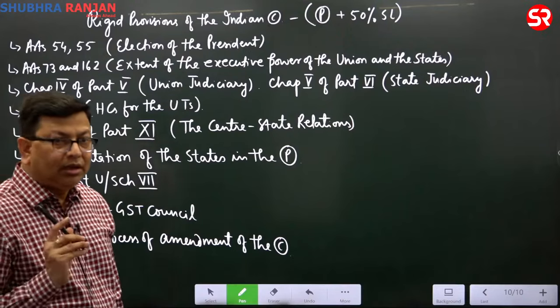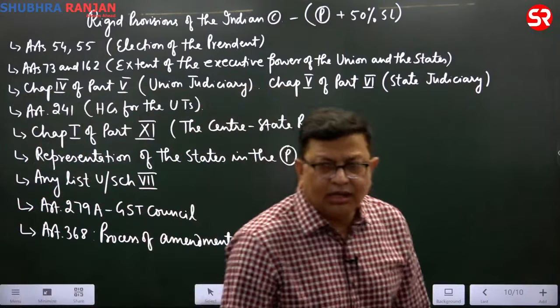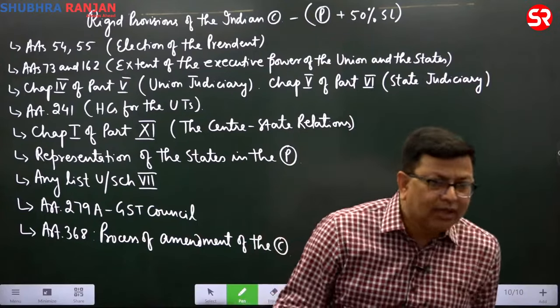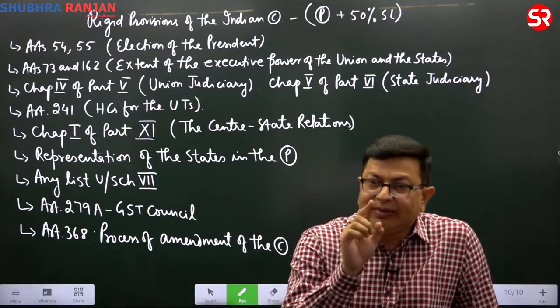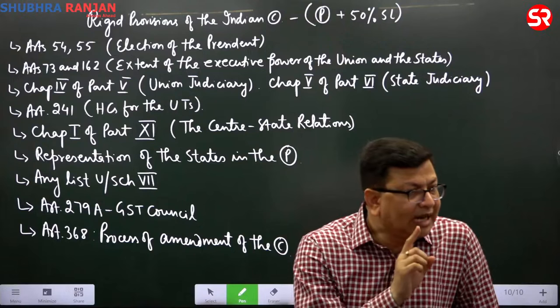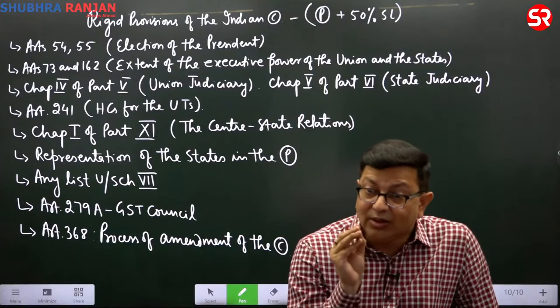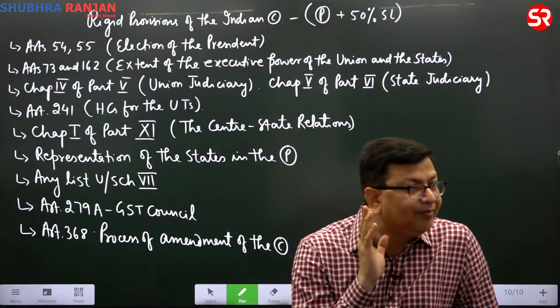So these are the provisions of the Constitution which can be amended first by the Parliament. A bill will be passed, and after that they will be referred to the states, and after 50% of the states ratify, then only the President will sign the constitutional amendment bill.